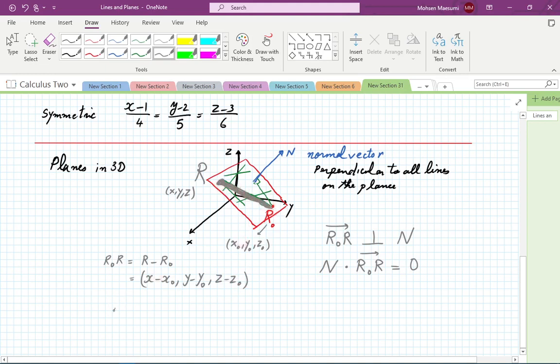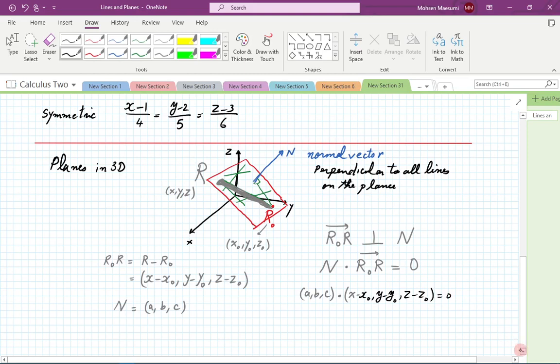How about n? n as a normal vector is going to be given to us as three numbers. Let me just specify it, for example a, b, c. So n, that means the vector a, b, c, dotted with the vector x minus x0, y minus y0, z minus z0.